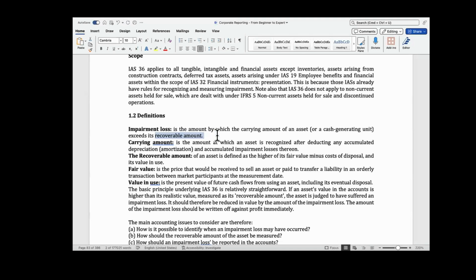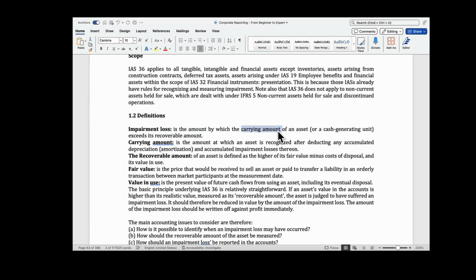So all of you here should know what carrying amount is, which is the book value, which is usually cost minus accumulated depreciation minus accumulated impairment losses. And that will apply if the entity is using a cost model.